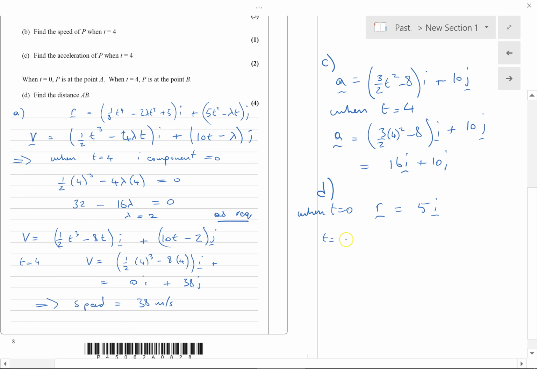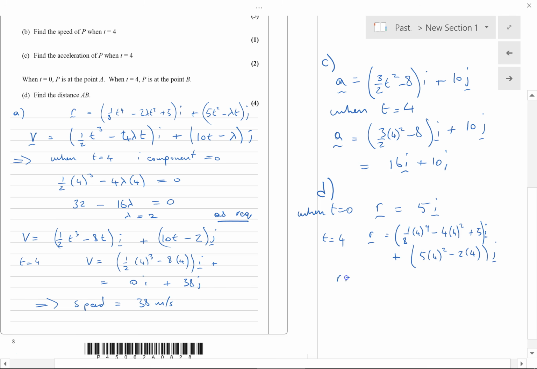And then when t equals 4, we have r equals 1/8 of 4 to the power of 4 minus 4, because lambda was 2, remember, times 4 squared, plus 5, and that's all times i, plus the j bit is 5 times 4 squared minus 2 times 4 j.